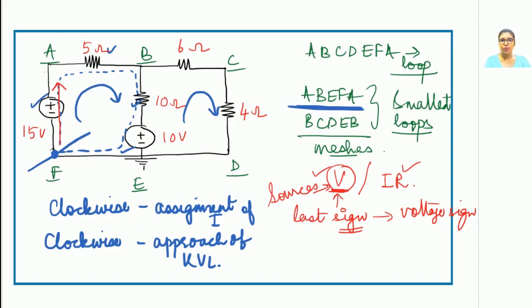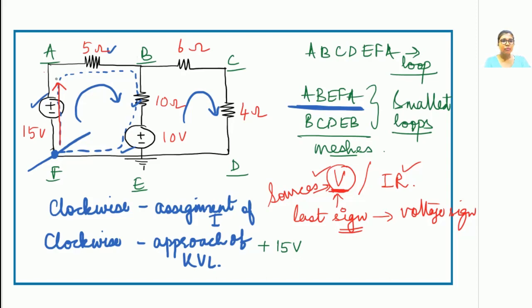The last sign is positive. So in the KVL equation, this will be written as plus 15 volts. Had the symbol been plus and minus, the last sign I would encounter while going in this KVL direction would be minus, and I would have written minus 15. Since the last sign encountered is plus, I am writing plus 15.